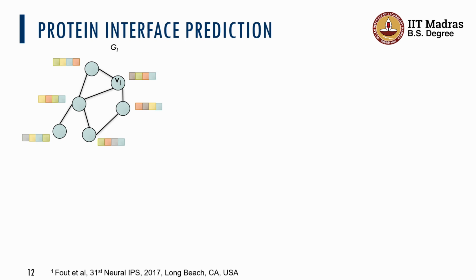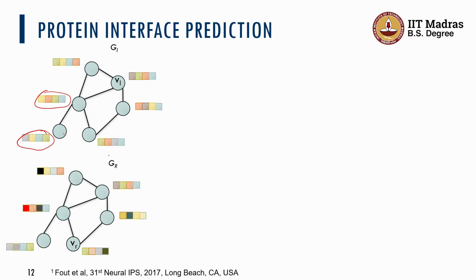So let's look at the ligand graph. It is a graph, as we discussed, with a set of nodes, a set of edges, and node features. For a while, I have assumed there are no edge features. However, if there are edge features, we can also use some of the techniques which we have used, for example, the message passing neural network or the directed message passing neural network, and you will see how we can use it.